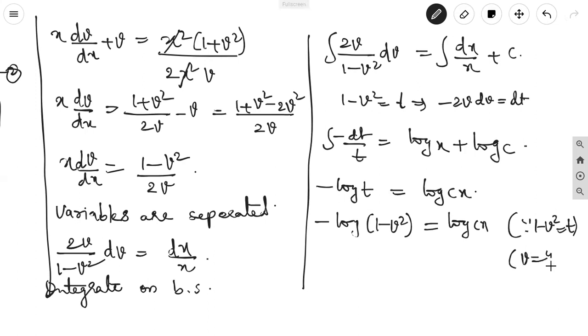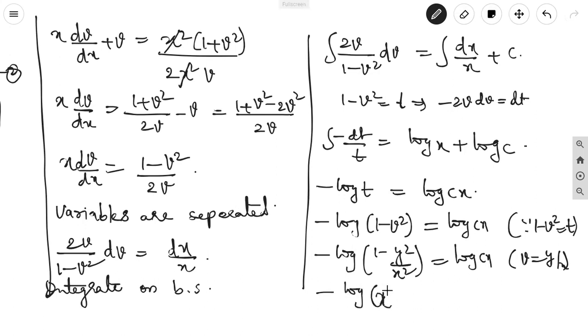Again substitute v equal to y by x: minus log of 1 minus y square by x square equal to log cx. Taking the LCM, minus log of x square minus y square whole by x square equal to log cx.